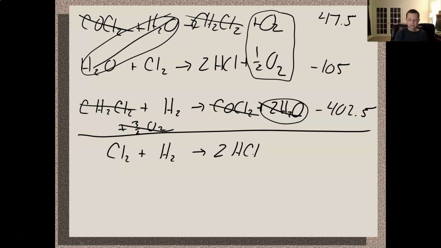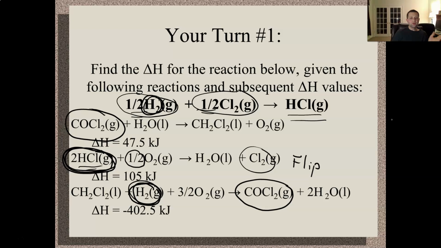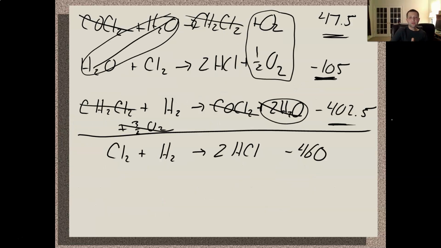Let's look at our delta H value. That would be negative 460. You would do 47.5 plus negative 105 plus negative 402.5. You get negative 460. And if you look at the equation that we want to make, 1/2 H2 plus 1/2 Cl2 yields HCl. So it looks like we need to take our equation right here and multiply everything by a half.